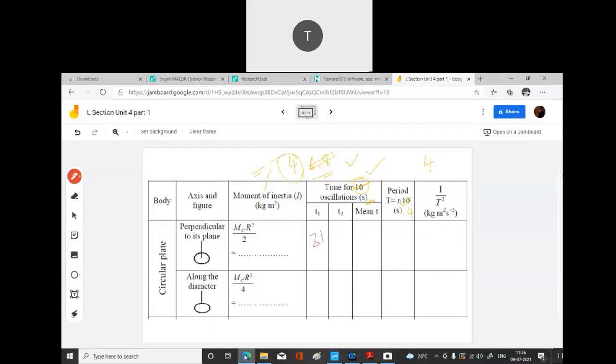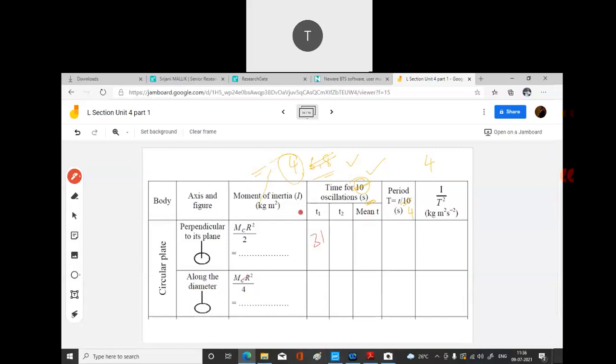So I will write those values here. Even though it is not a good one, I will write it. This is the second one, I got like 26. This is not good, but still I'm writing it. This is the reason why you are doing two trials. In the first trial, maybe you are making this kind of error. In the second trial, you minimize the error, since you know what you should not do.